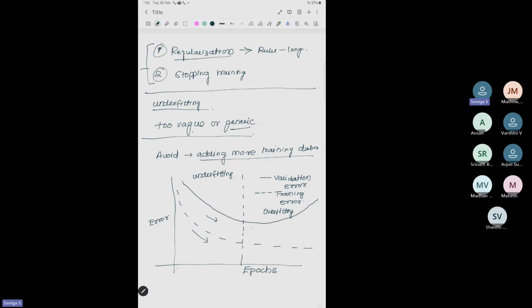But after some time, our validation error will flatten and then start to increase again. When the validation error is increasing again while the training error is getting low, that is called overfitting. From that moment, the system is entering into the overfitting mode.